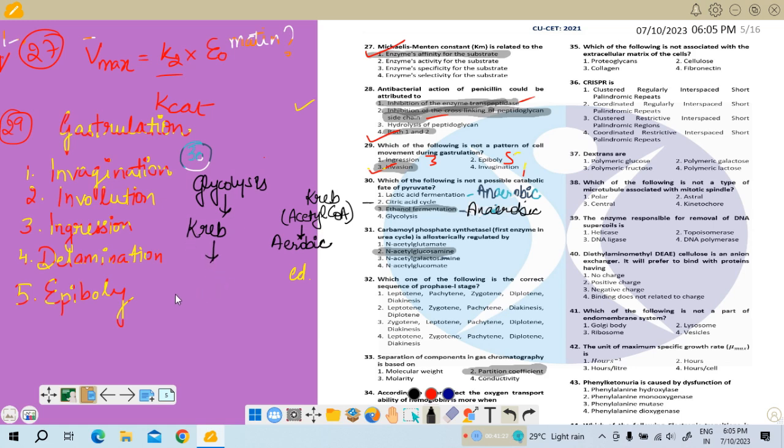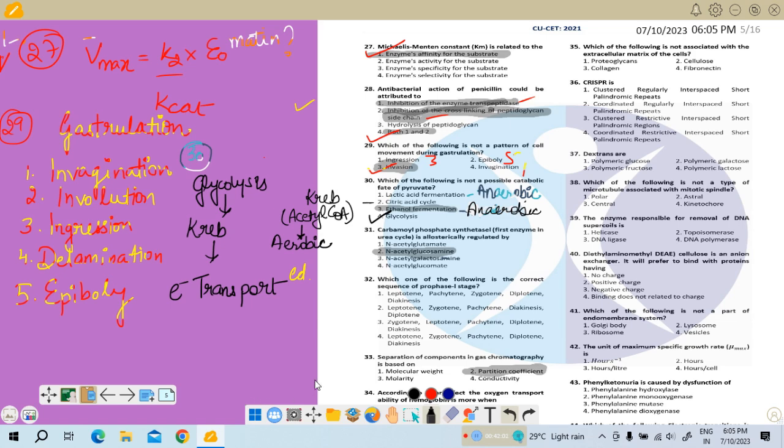After Krebs cycle, then we have the electron transport chain or system, right? So this is glycolysis. So this is not a possible catabolic fate. It's the fourth option.